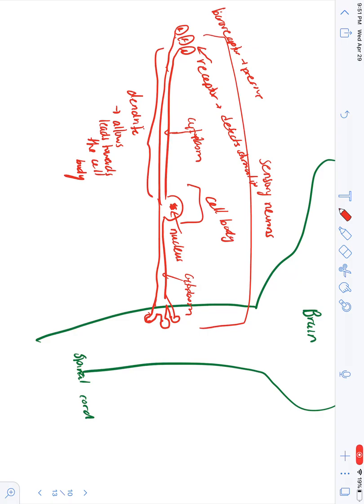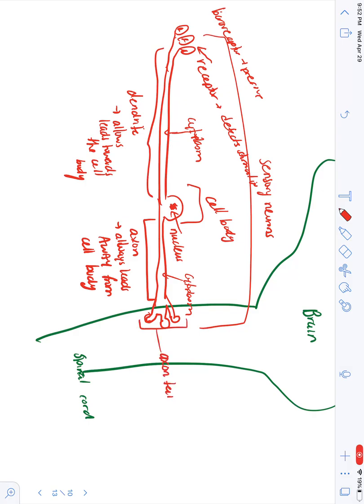So this is the dendrite, and then this here is called the axon. The axon always leads away from the cell body. That's what the axon does. Now, this part at the end that I drew is called the axon terminal.